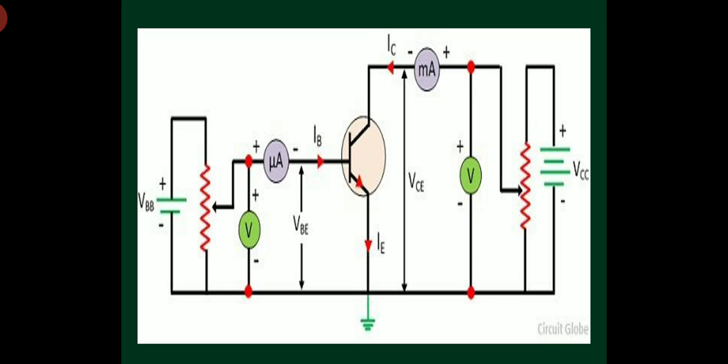In order to measure the voltage between base and emitter, I am taking a voltmeter, which reads VBE. It is the input voltage across the transistor.